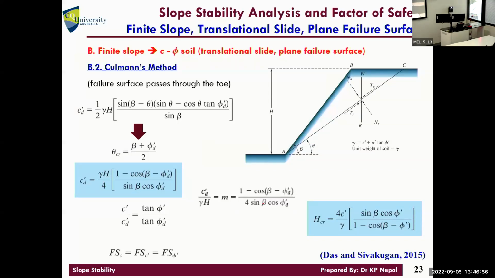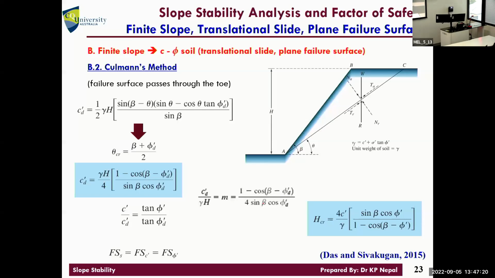CD developed, and its critical height is that. The ratio of the shear strength to developed shear strength is the ratio of phi angle to developed phi angle. That must be the same. That's the condition we need to satisfy.